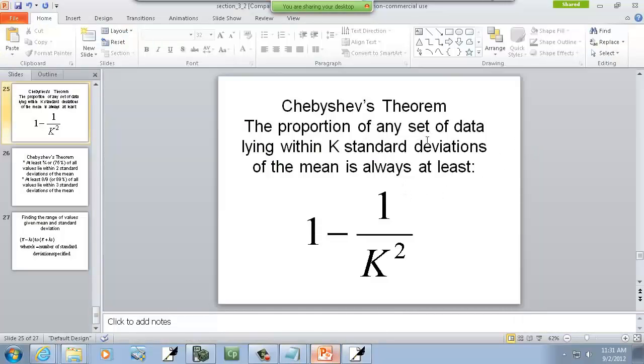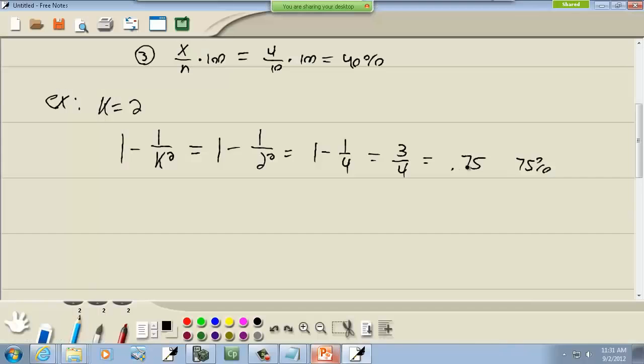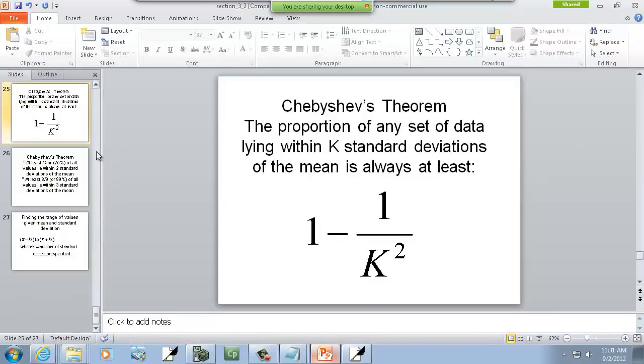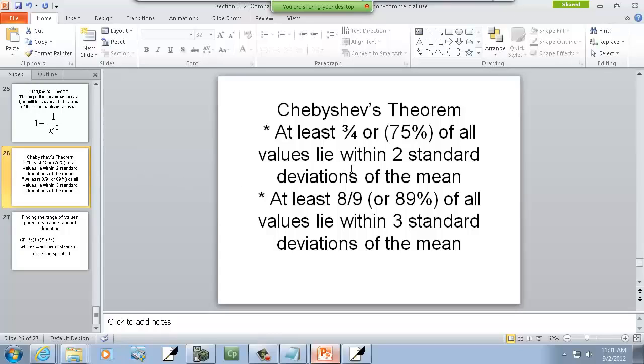So that says the proportion of any set of data lying within k standard deviations of the mean is always at least that. So within 2 standard deviations, the proportion is always at least 75%. And I give that example plus another one here. If you plug in the 2, you get 75%. If you plug in the 3, you get 89%.